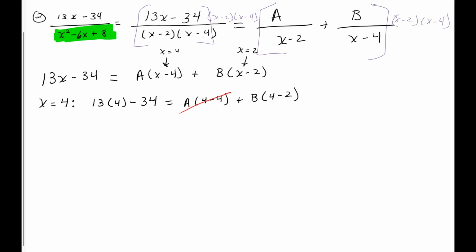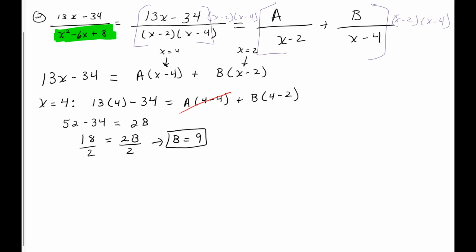Okay, so now we do 13 times 4, which is 52 minus 34 equals, and then 4 minus 2 is 2, so equals 2b. To be or not to be, that is the question, right? All right, 52 minus 34 is 18 equals 2b, so we divide both sides by 2, and we get something that looks like this. b equals a positive 9.